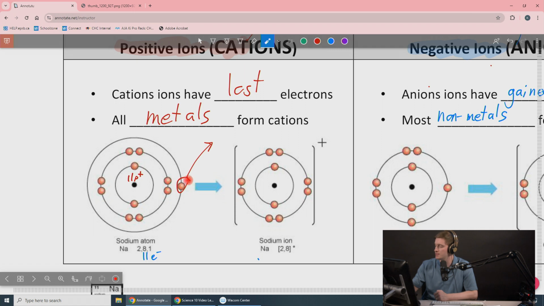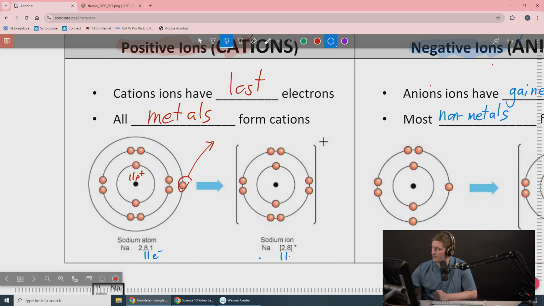But when it loses this 1 electron, the sodium ion has lost an electron, so it has 10 electrons, but it still has 11 protons. Because you have more protons than electrons, and these protons are positively charged, the sodium ion overall has a +1 charge.